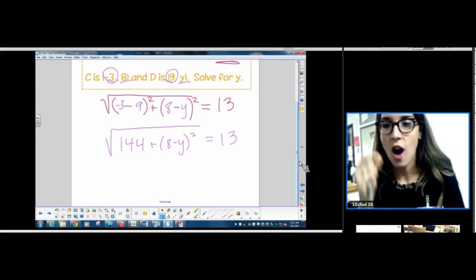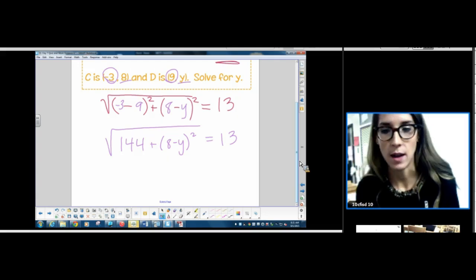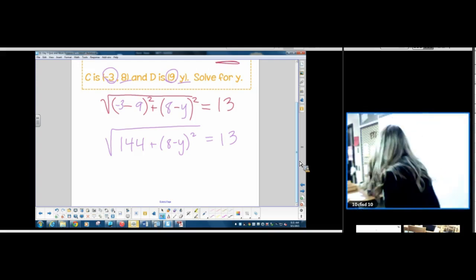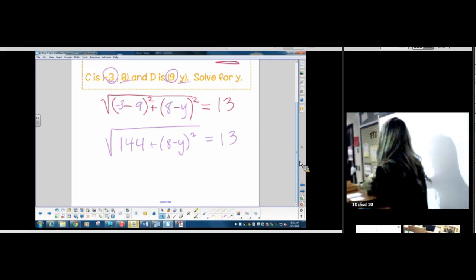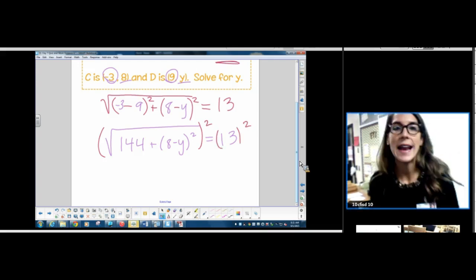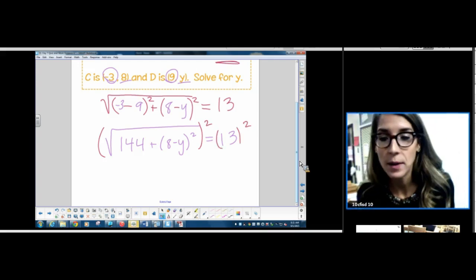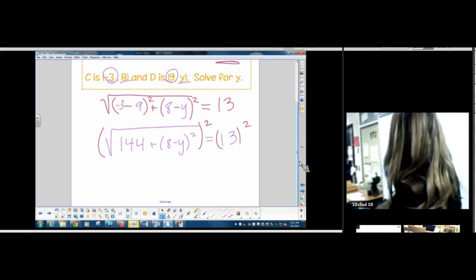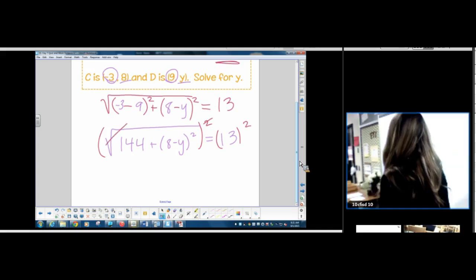So what is the opposite of square rooting something? Nope, can't subtract 144. What's the opposite of square rooting something? The way to get rid of that radical, the way to get rid of the square root, is to square it. So the square and the square root are going to cancel.